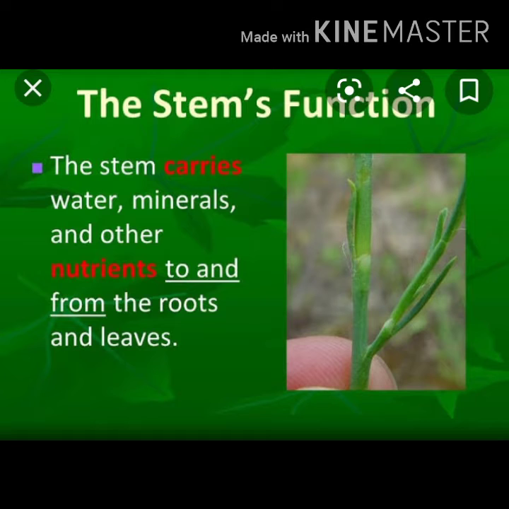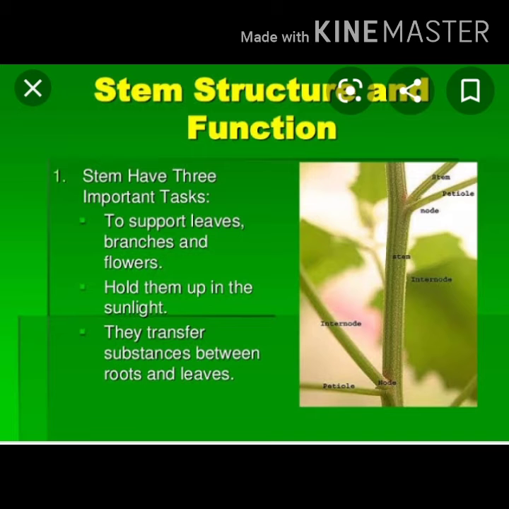Okay, so what is the main function of the stem? The stem helps to conduct water, the upward movement of water from the bottom of the plant to the top of the plant. The water and minerals are taken to the top of the plant with the help of the stem. The stem can give water for photosynthesis.